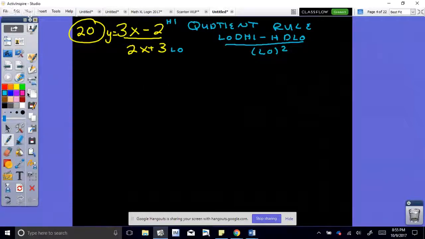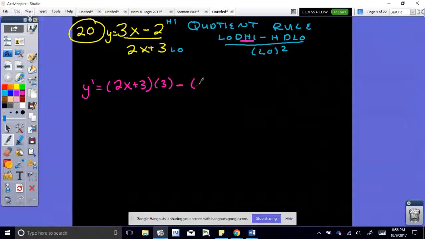Okay, so here's what that looks like. We're going to take the low function, so y prime is equal to the bottom function, which is 2x plus 3, times the derivative of the upper function, or the high function. The derivative of 3x minus 2 is just 3.